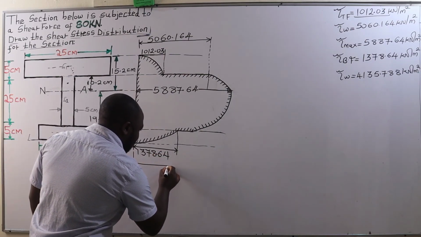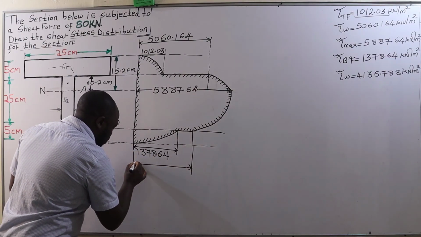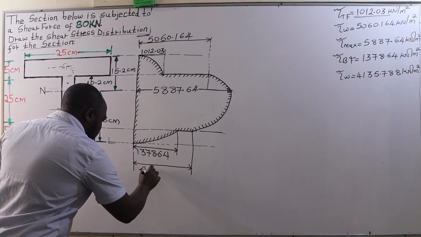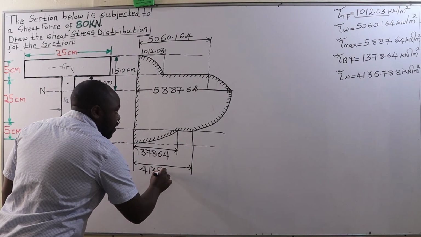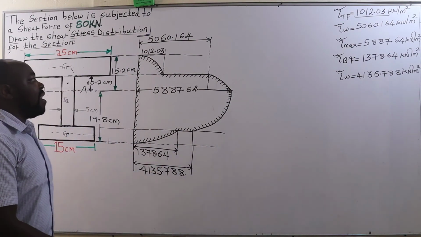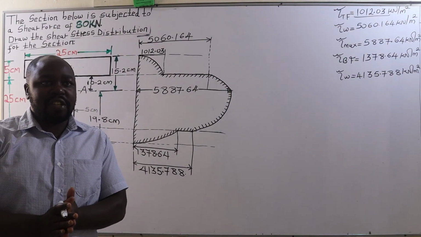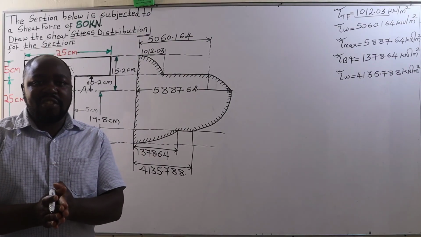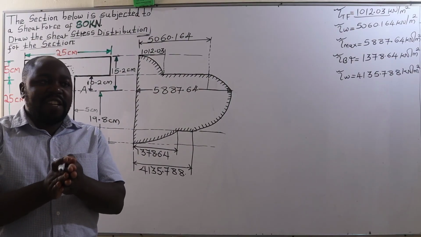Then it increases abruptly to 4135.788 units. Therefore, ladies and gentlemen, that is how we plot a shear stress distribution diagram for an I-beam section whose top and bottom flanges have got different sizes.